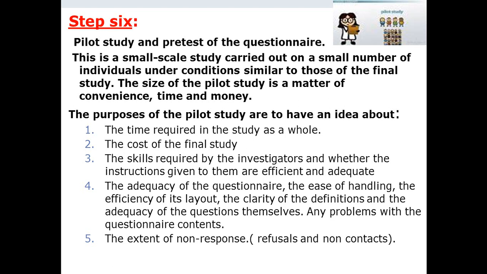So this pilot study gives us an idea about the research, if there is any deficiency in the research questionnaire or in the training or anything else, or whether it may be costly or time consuming.